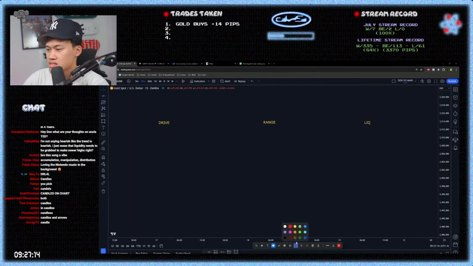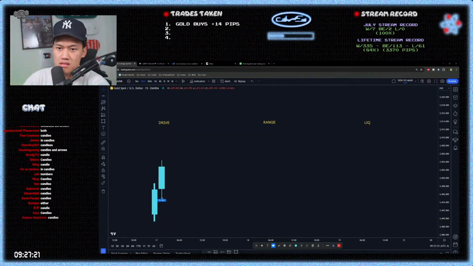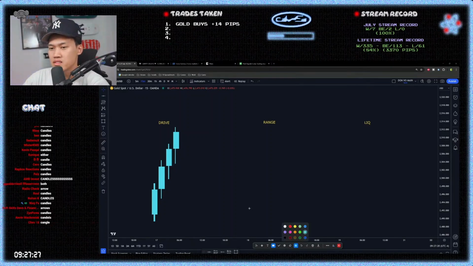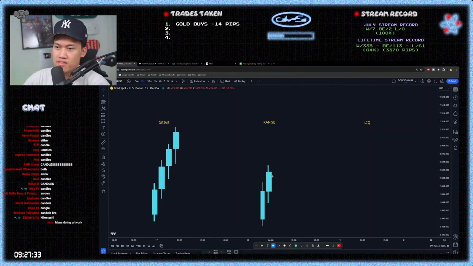Candles? All right. So when you're driving, this is what's happening. You're just driving, you're just moving. When you're ranging, you're doing this. After a drive comes the range. So let me draw the drive and let me draw the range.